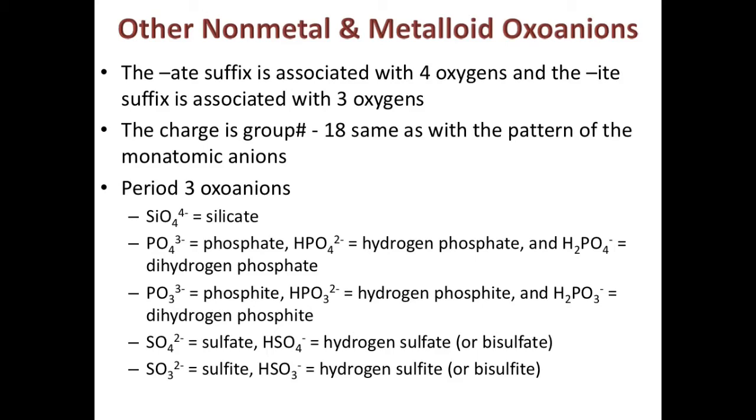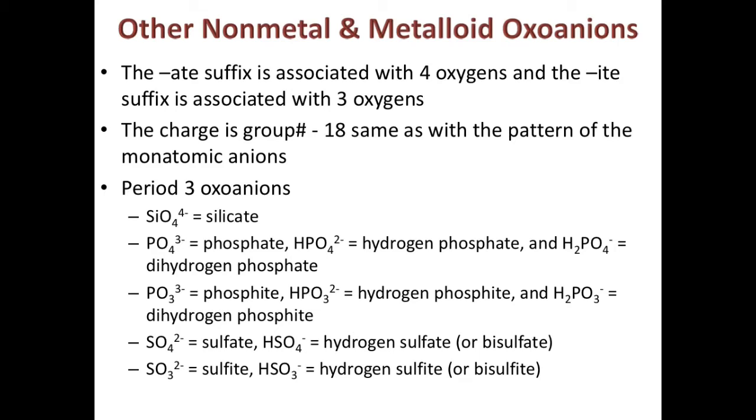SiO4 4- is silicate. Because it is in group 14, we do not find a silicite in the pattern. In group 15, we have phosphate, PO4 3-. We can add hydrogens to it like we did with carbonate. 1 hydrogen added to this is hydrogen phosphate with a 2- charge.